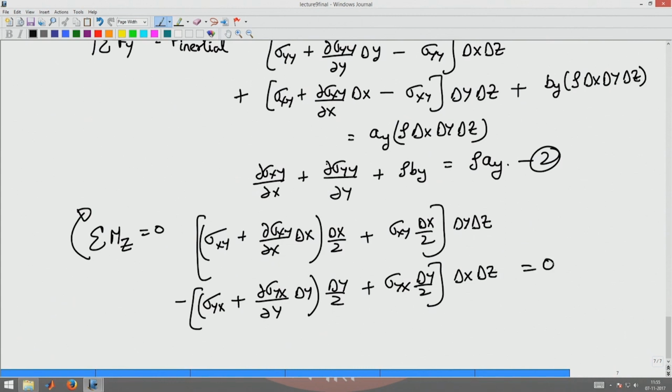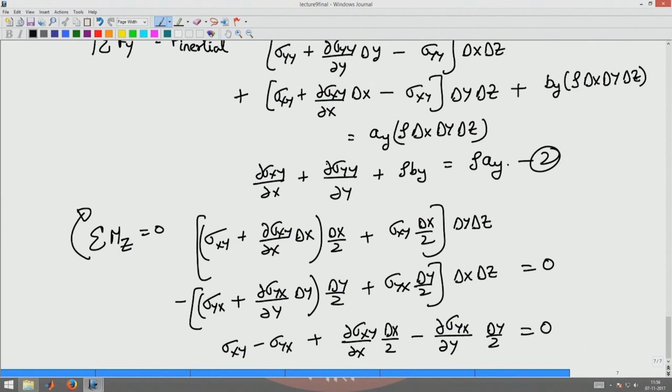Okay. This equation was simplified to sigma xy minus sigma yx plus dou sigma xy by dou x into delta x by 2 minus dou sigma yx by dou y delta y by 2 to be equal to 0. Okay.